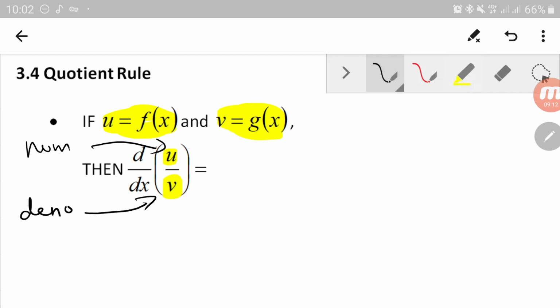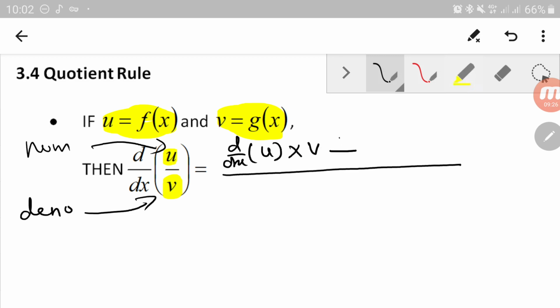Okay, so how are we going to do this? It's easy. We just differentiate the front function, the top function, which is u, and then we multiply by v, and then we minus. Okay, we minus u multiplied by the differentiation of v, the second function. Then we divide everything by the square of the denominator.